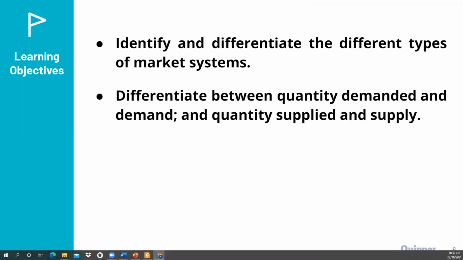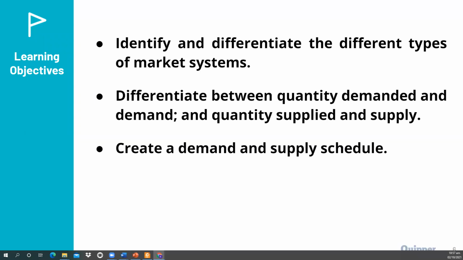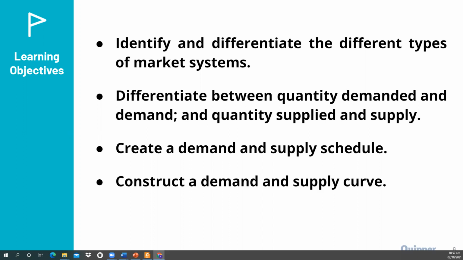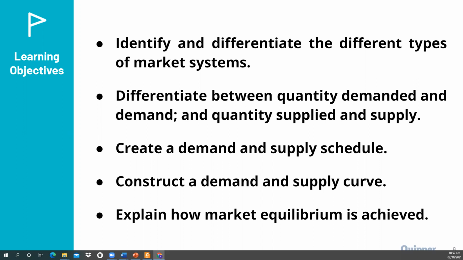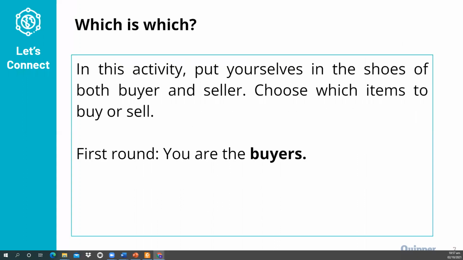And then differentiate between quantity demanded and demand, and supplied and supply. Create a demand and supply schedule, and then construct a demand and supply curve. Explain how market equilibrium is achieved.